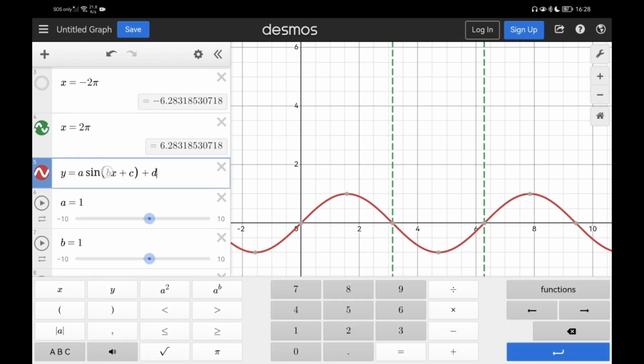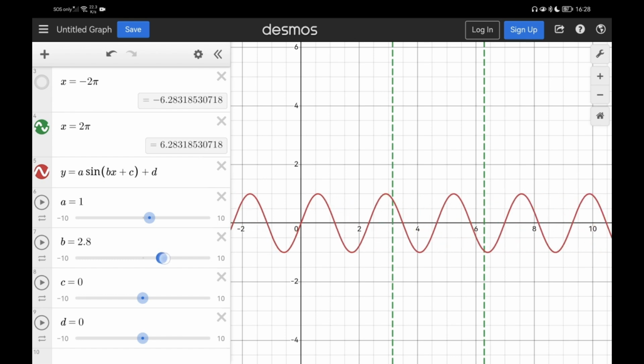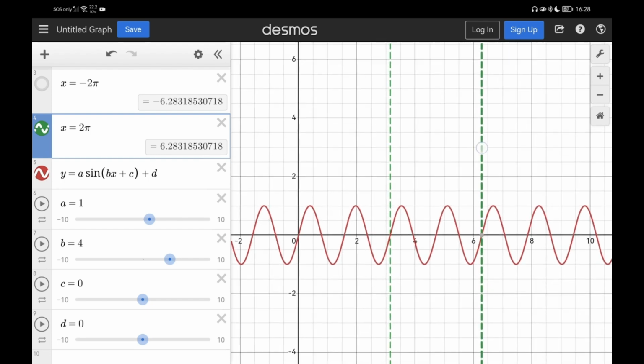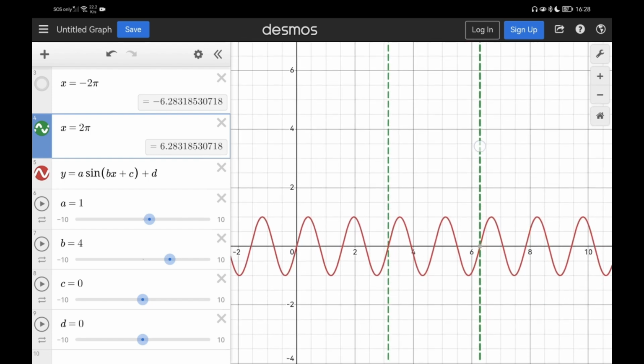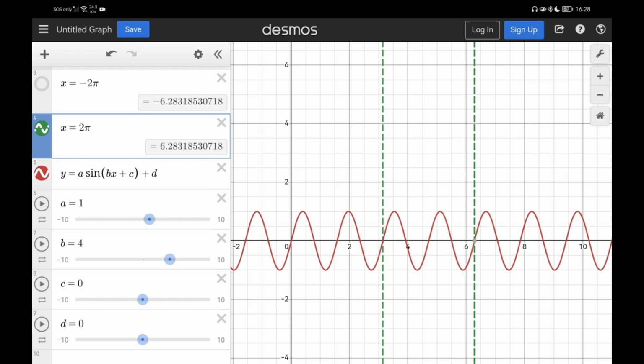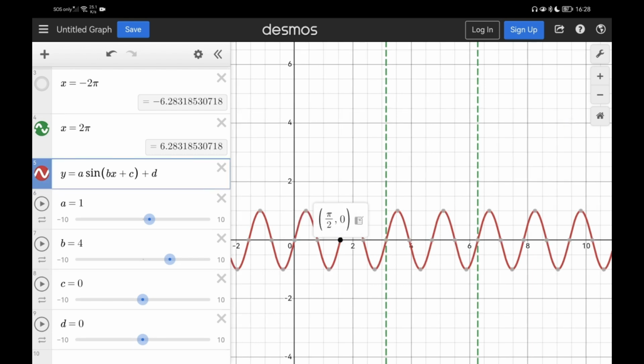And let's change the b to an integer. Let's say I change it to 4. As you can see, this is 2 pi. The ordinary complete cycle for the sine function now requires 4 cycles within 2 pi: 1, 2, 3, and 4.